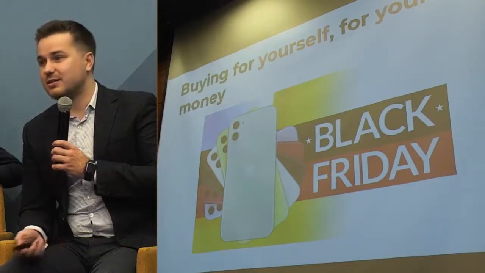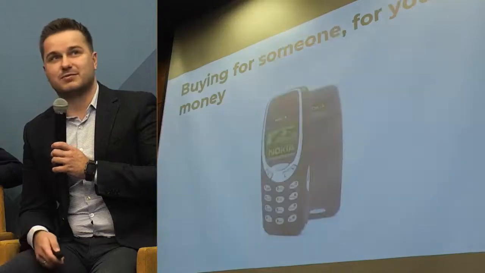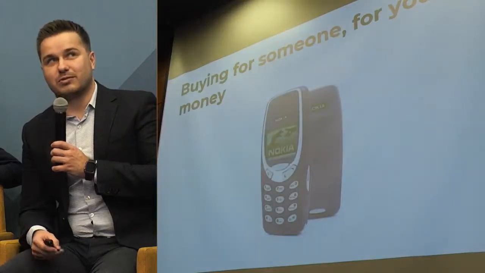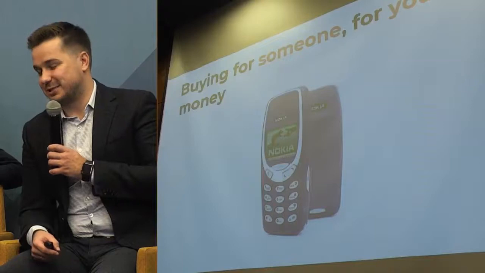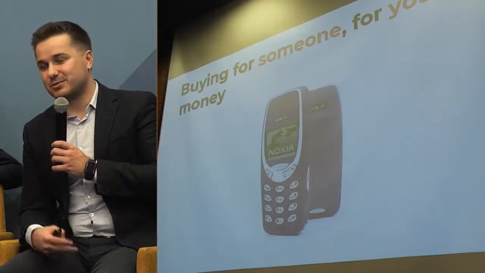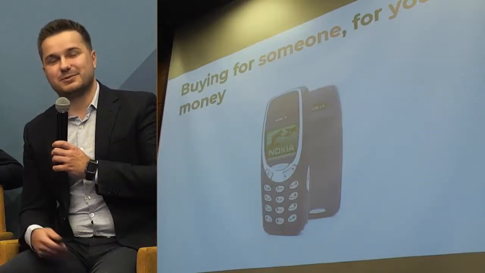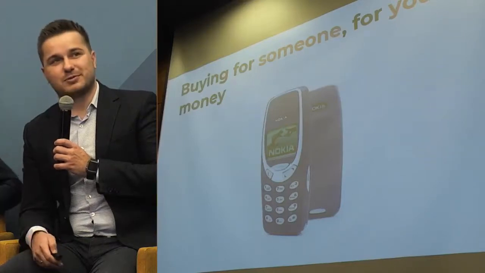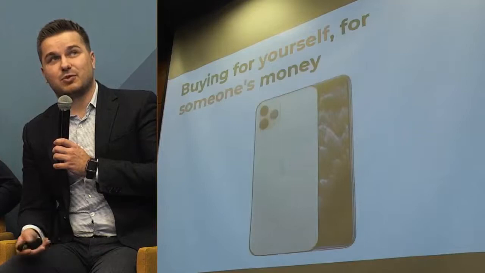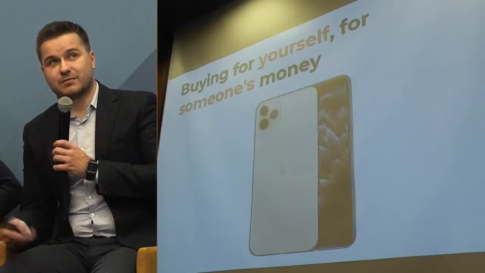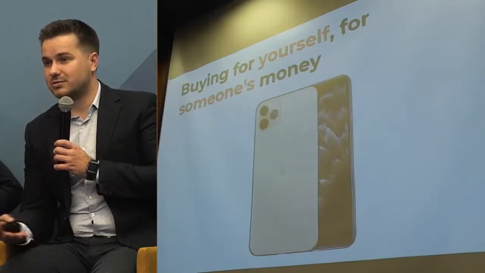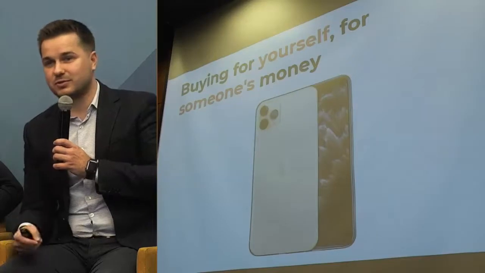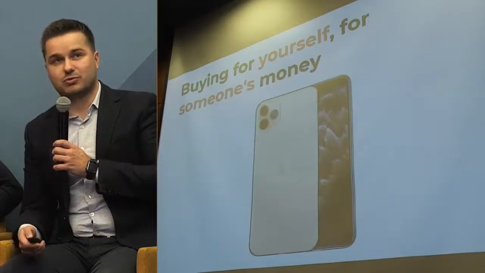Then again, if you're buying something for someone with your money, as Tato also described, you want to spend less, you are not very concerned about the quality of the product. If you're buying something for yourself with someone's money, you will just buy the top version of the phone in the nearest shop.